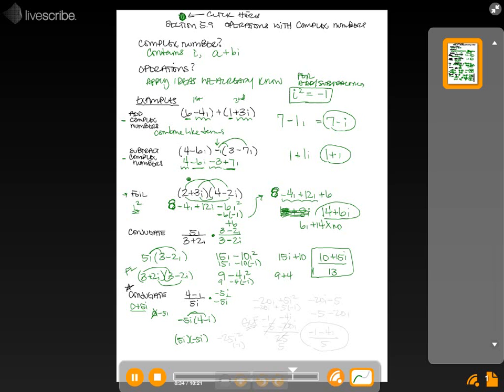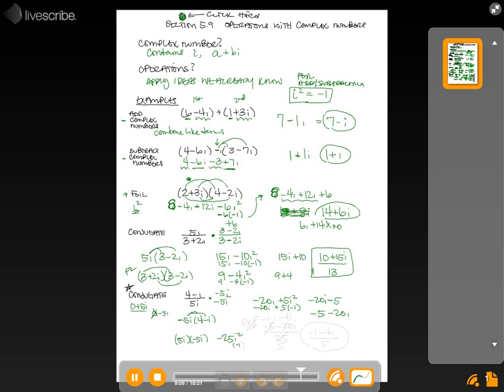Negative 5i times 4 is negative 20i, and then negative 5i times negative i would be plus 5i squared. i squared is really negative 1, so now we have negative 20i minus 5, because 5 times negative 1 would be a negative 5, and we have to flip that around. We get negative 5 minus 20i. There's our numerator.